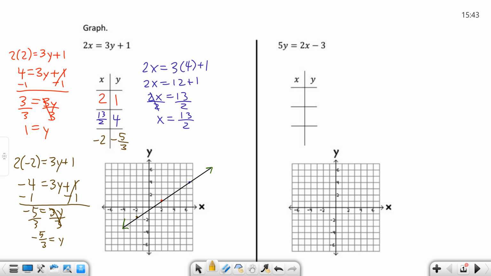When you graph the one that's at the top, like the blue. Which problem was the blue up there? The blue, yes. So I got 13 halves for the x, which is 6.5. So I had to come out here to 6.5, and I also had to go to 4 on the y-axis. So it's where those two things meet when I'm plotting my point. This is like an ordered pair, 13 halves, comma 4.